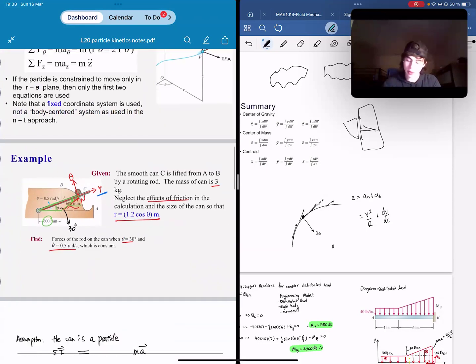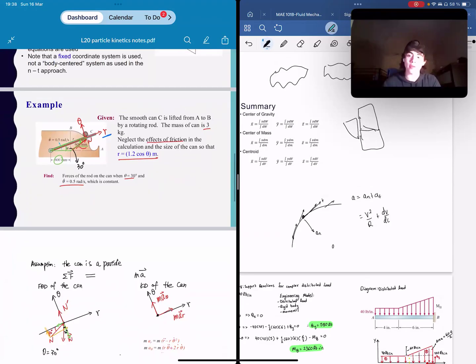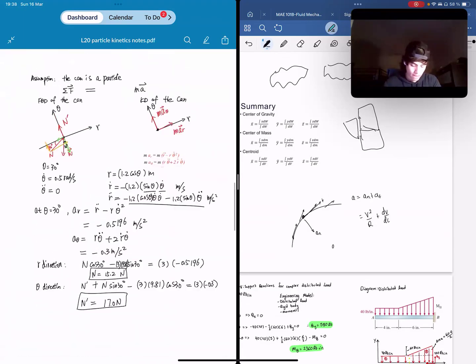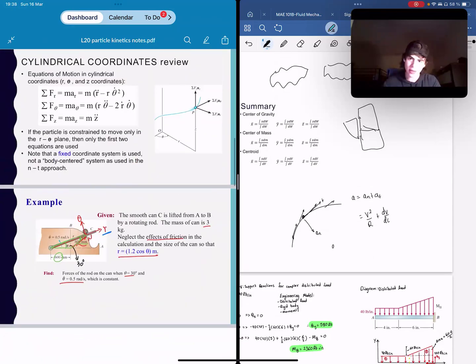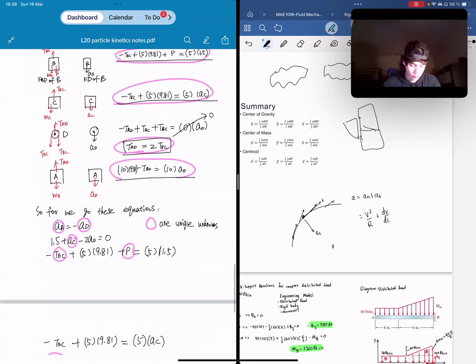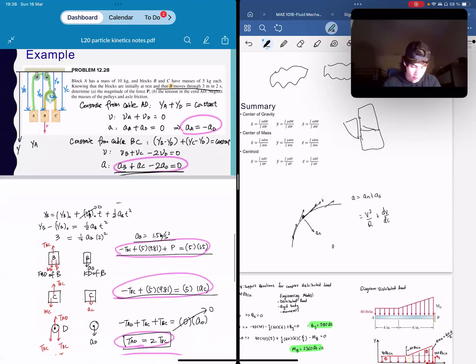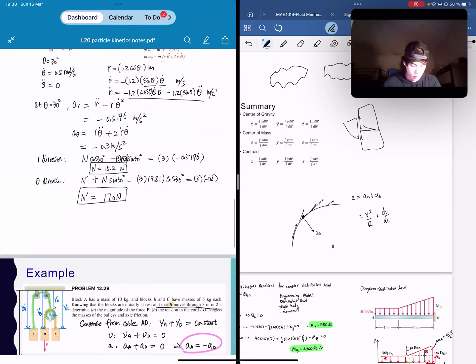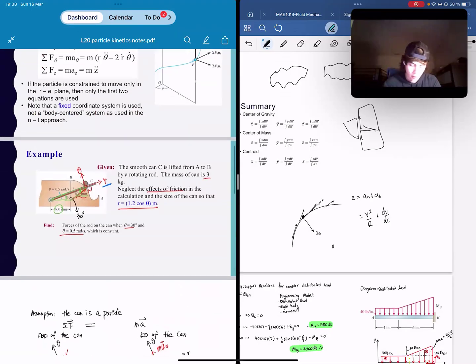So here we were given the radius as a function of theta, and we were given theta dot, the rate of change of the angle, which is the derivative, right? And we were able to use kinetic information and equations to solve for the unknowns that they were asking for.